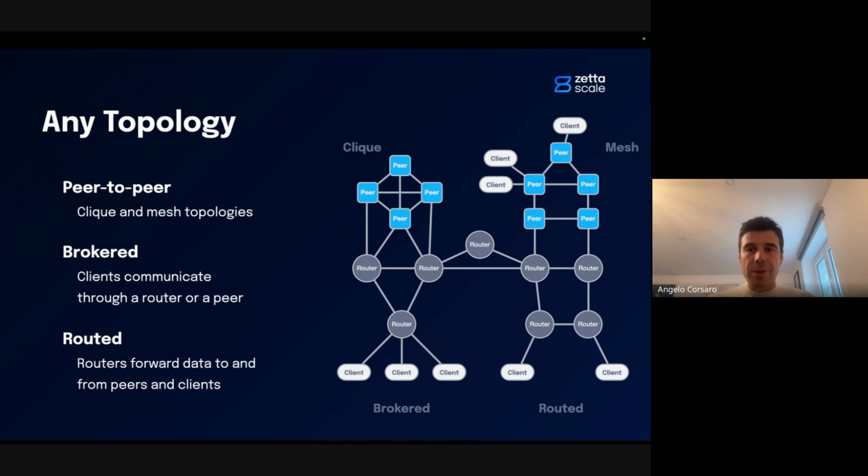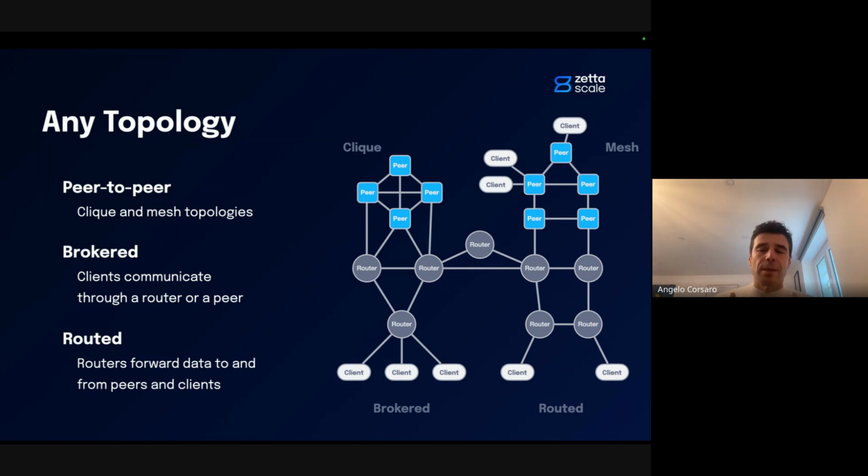And again, being a peer in a mesh will have an impact energetically, because all of a sudden you are routing information on behalf of other peers. So if you have very constrained devices, you want to be a little bit more egoistic and say, no, I'm just going to deal with the data that I need to receive or send. I'm going to be a client, and what you can do in Zenoh is that a client can pair up with its closest peer, and then use that peer to communicate with the rest of the system.